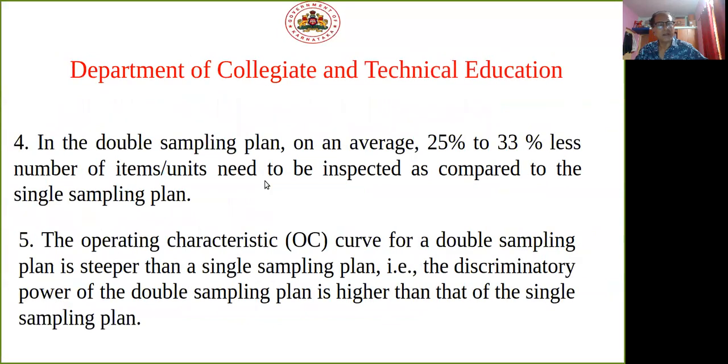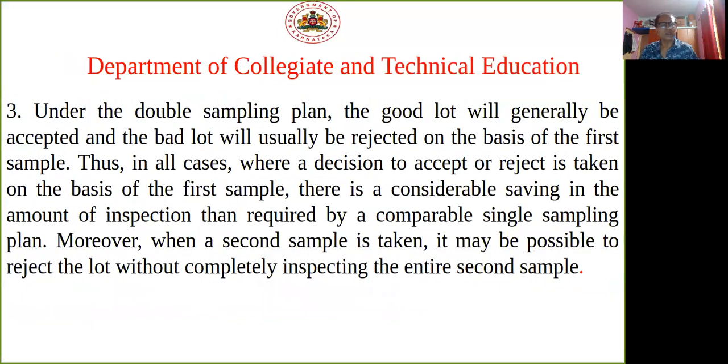The third difference is that under the double sampling plan, the good lot will generally be accepted and the bad lot will usually be rejected on the basis of the first sample.